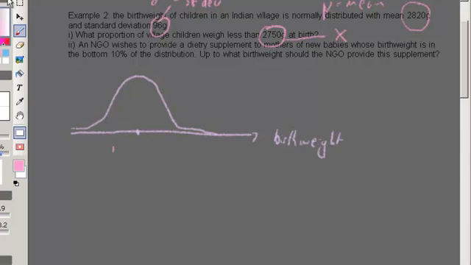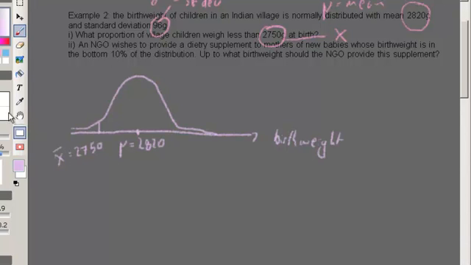Let's go back to the original colour. And the cut-off point x is 2750. That's x.